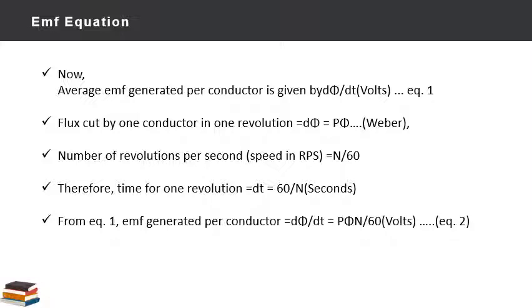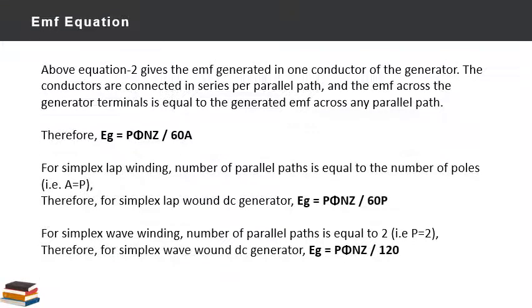From equation number 1, EMF generated per conductor is equal to d phi by dt, which is equal to P phi N by 60. This is known as equation number 2. Above equation 2 gives the EMF generated in one conductor of the generator.